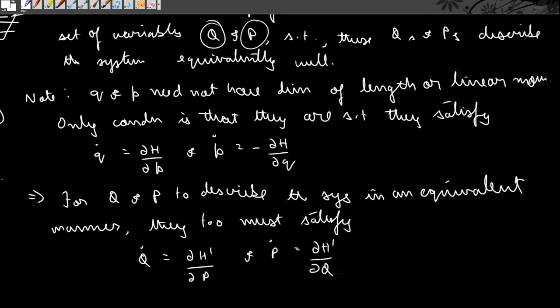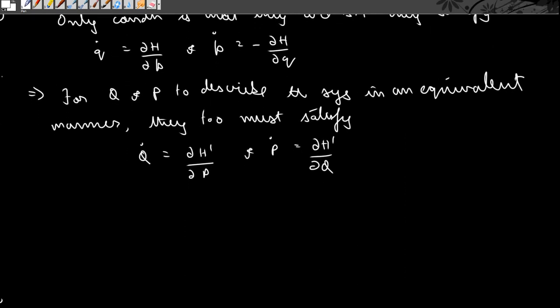Just like how in our previous case the Euler-Lagrange equations were invariant under the point transformations, similarly in this kind of a transformation, if we want our new transformed variables to represent the system in an equivalent manner, they too must follow equations similar in form to Hamilton's equations, where here we have the new Hamiltonian h dash, which is a function of the new transformed generalized momenta and coordinates.